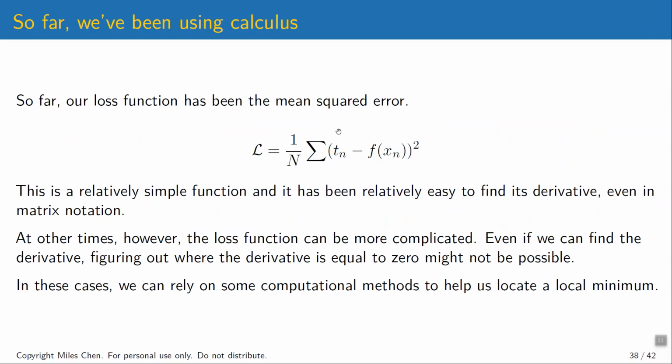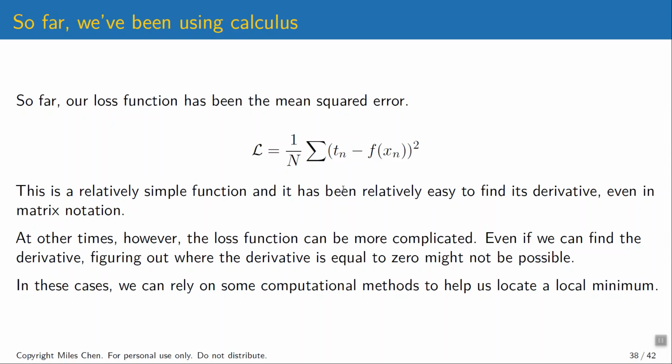It's just the mean squared error. We take the difference between the actual and what our model predicts, square that difference, sum them up, and divide by n. It's a simple loss function, so it's been easy to find its derivative, even in matrix notation, and using calculus to solve for this hasn't been bad.